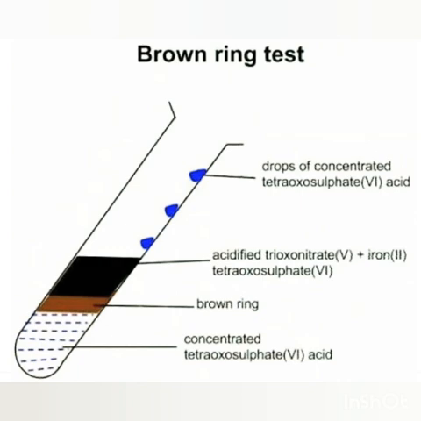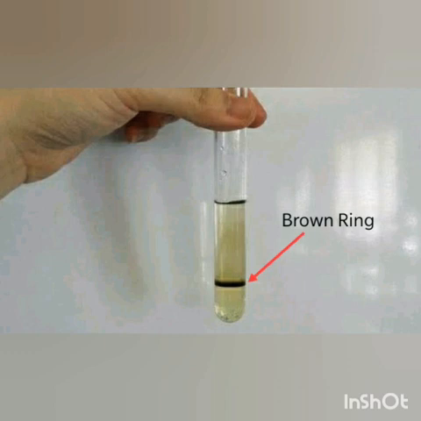Then carefully, we add concentrated sulfuric acid along the sides of the test tube without disturbing the solution, and we see that a brown colored ring is formed at the interface between the solution and sulfuric acid layers, which indicates the presence of nitrate ion in the solution.